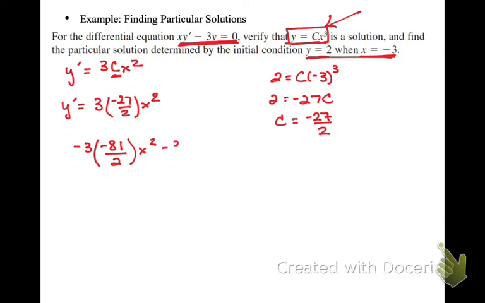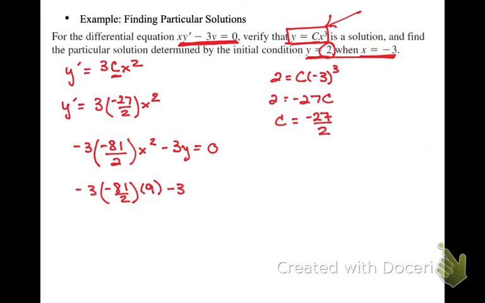Minus 3y equals 0. Well, we need to plug in what again? x. Okay, so x is 2 squared is 4. Minus 3 times, oh, wait a second. I plugged a y in for my x. Sorry. x is negative 3, squared is what? 9.